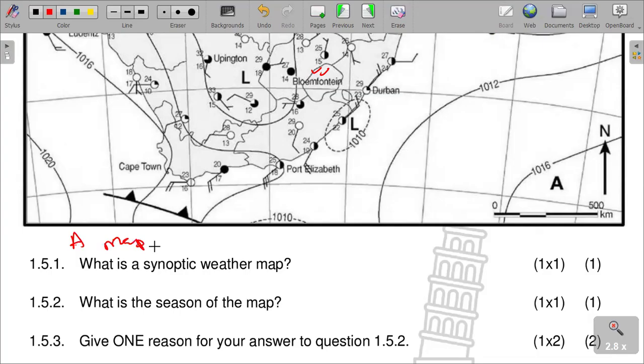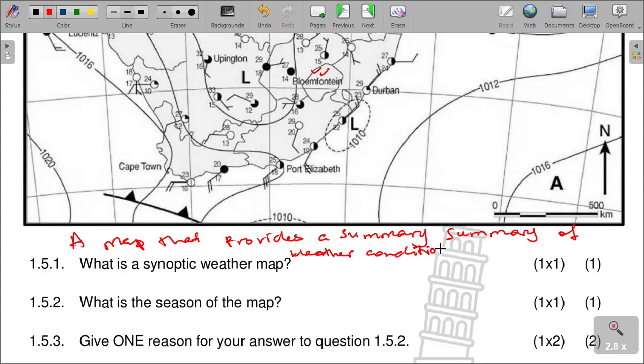It's a map that provides a summary of weather conditions of a place or a country over a period of time.